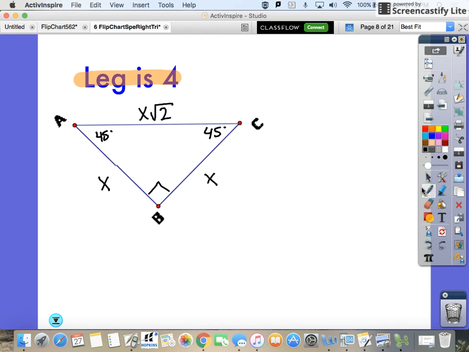Perfect. So x is 4. That means this side is 4 square root 2. Those are the missing pieces of information. All right.